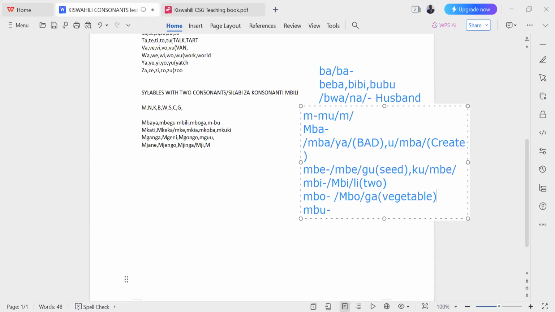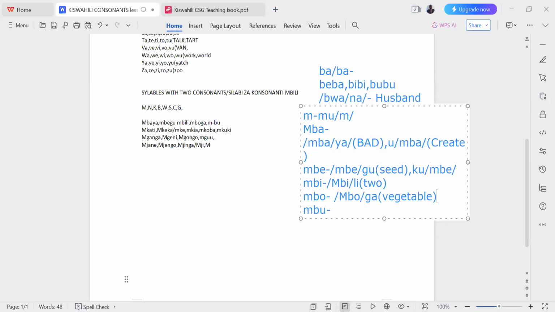If you serve ugali, ugali is like the maize flour, it cannot be mboga. Like rice cannot be mboga, but anything that you take with the main course can be. For example, if you're taking rice and meat, the meat can be referred to as mboga, or if you're taking rice with fish or kales, the kales can always be referred to as mboga.